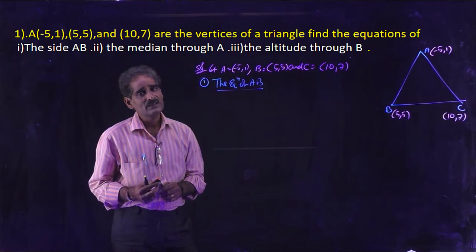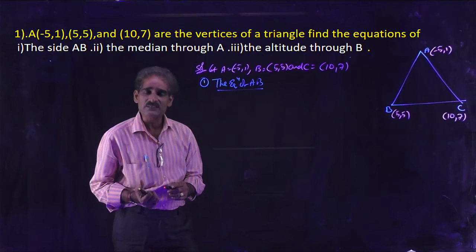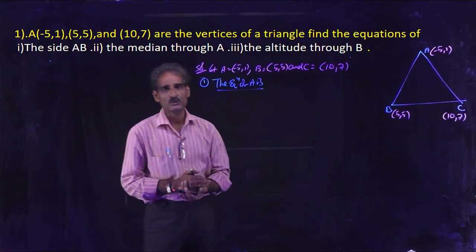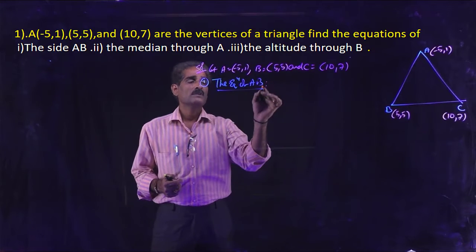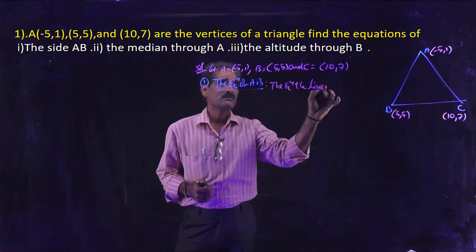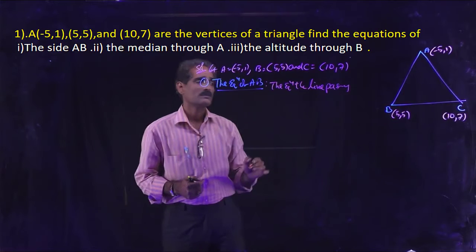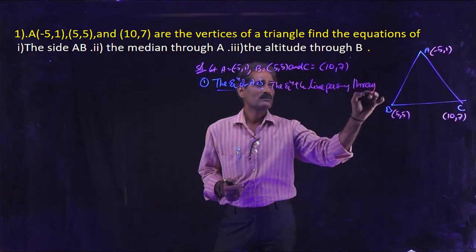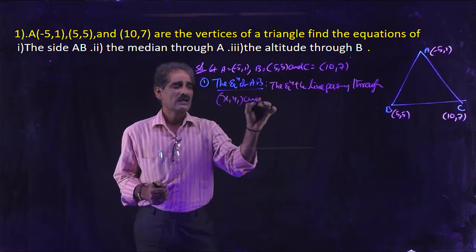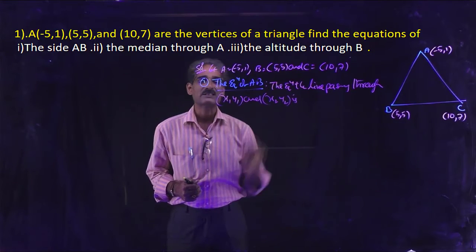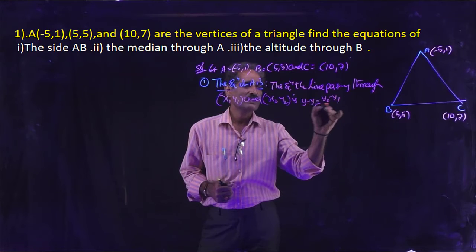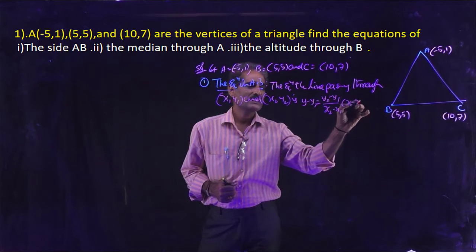The equation of the line passing through two points (x1, y1) and (x2, y2) is (y minus y1) into (x2 minus x1) equal to (x minus x1) into (y2 minus y1). We can write this form also as y minus y1 equal to (y2 minus y1) by (x2 minus x1) into (x minus x1).